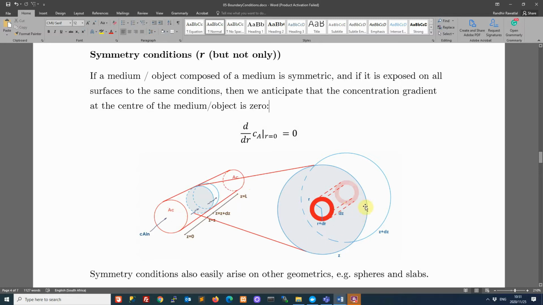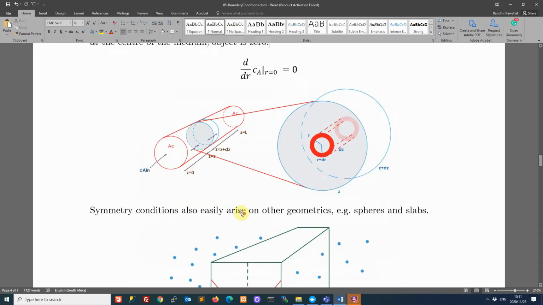So instead of disks like this, if this was just a ball, so if it was a sphere and we had flux into that sphere from all directions, then again at the center we would have a flat gradient. We would have the same concentration at the center.